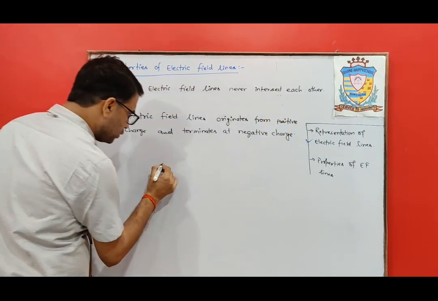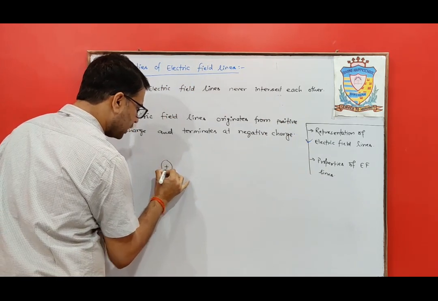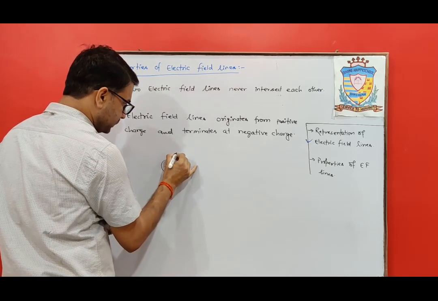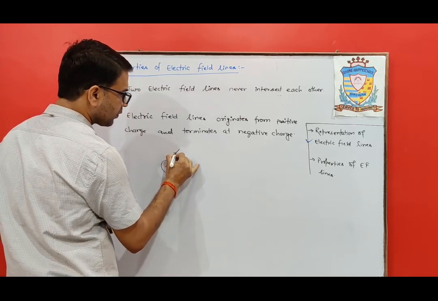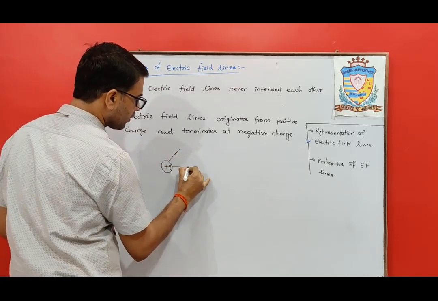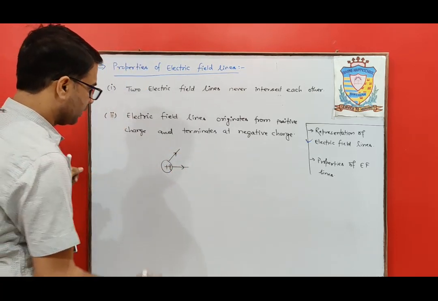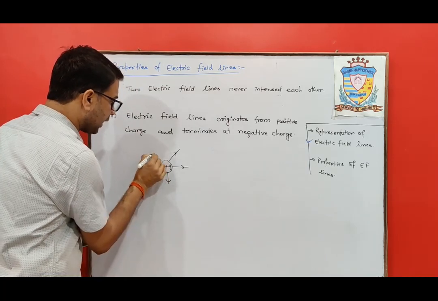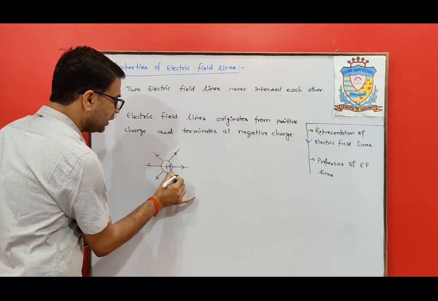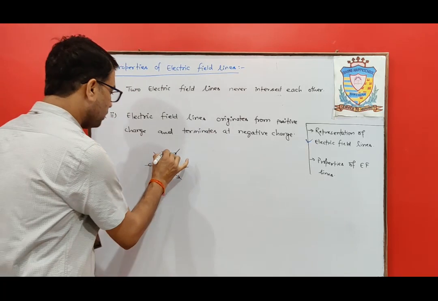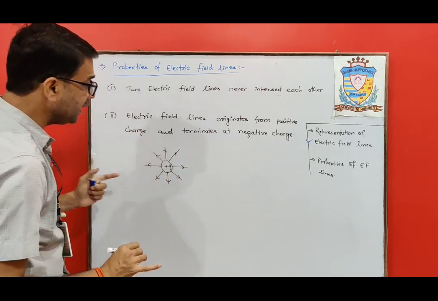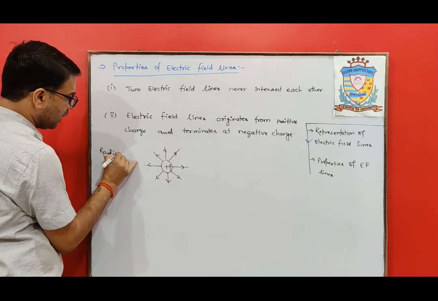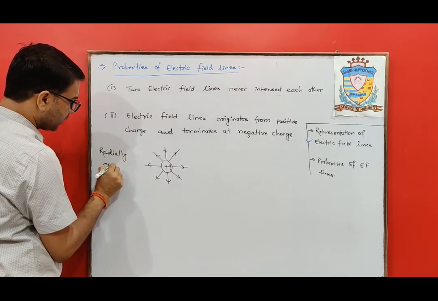Suppose we have a positive charge plus Q over here. These are the directions of electric field lines. It will move radially outward. The direction will be radially outward.